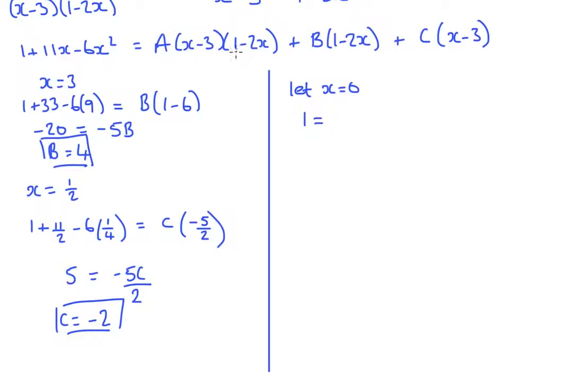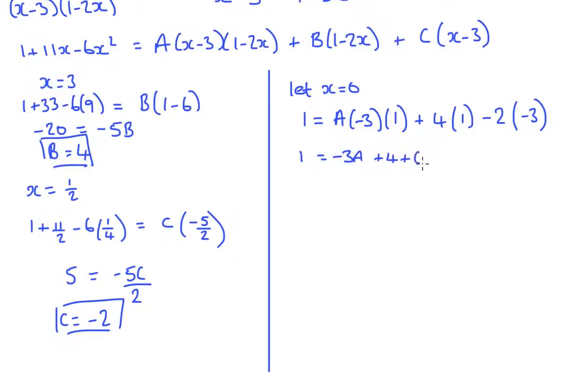When it's 0, the right hand side is going to be equal to A times minus 3 times 1 plus B, which is 4 times 1, minus 2 for C times minus 3. So we've got 1 equals minus 3A plus 4 plus 6, which is going to, if I take this 10 away, that's minus 9 equals minus 3A. So A is equal to 3.